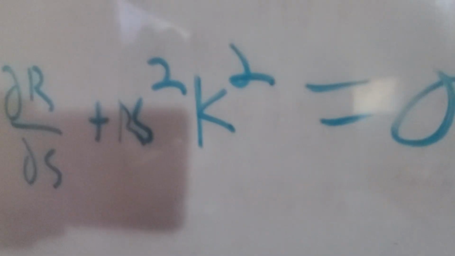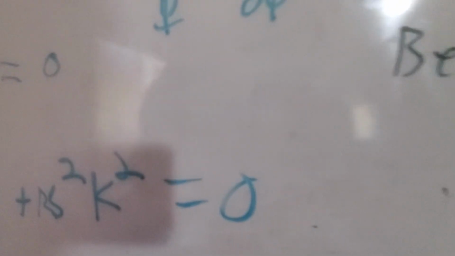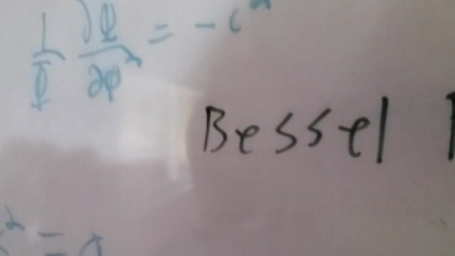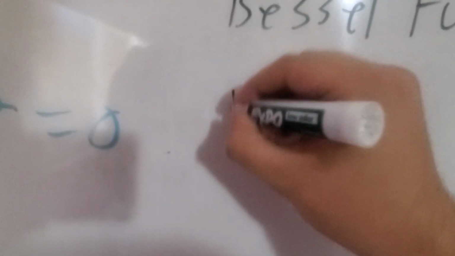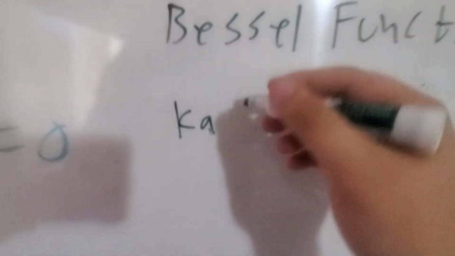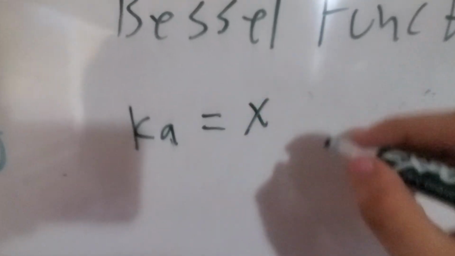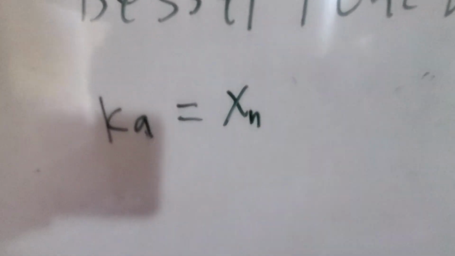So, what values of ks will give us that? Again, we need to establish some kind of ratio. When we are at ka, we're going to have a list of x values, and there are going to be many of them that satisfy this.